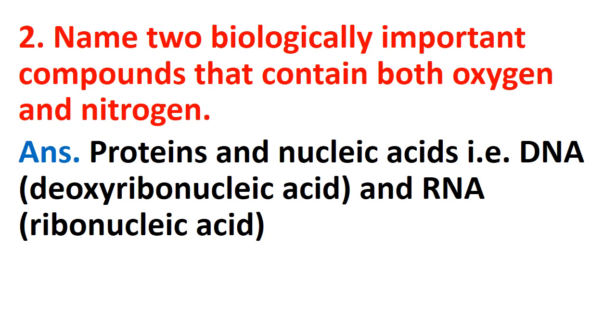So the proteins and the nucleic acids, both of them contain oxygen as well as nitrogen, and they are also biologically important compounds. You might remember when I was teaching you about oxygen and nitrogen, I told you that they are related to biology also. So the answer is proteins and nucleic acids.